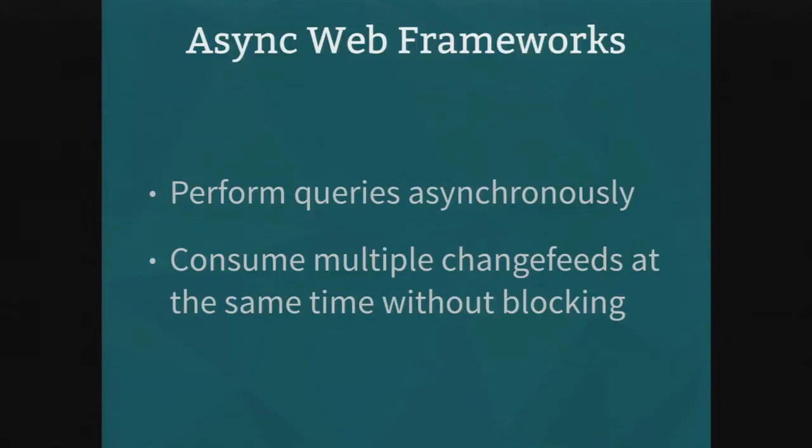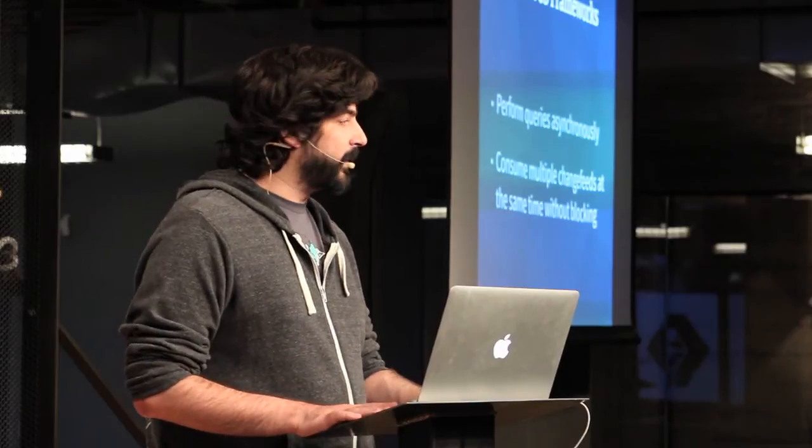So with these asynchronous web frameworks, integrating Tornado and EventMachine directly into our client drivers, you can now perform queries asynchronously. So any query that you want to run asynchronously, you can. And the method for doing that is slightly different. Historically we've tried really hard to make sure that the drivers are all API consistent one to the other, so that if you switch from one language to another, all of it is idiomatic but also really consistent.